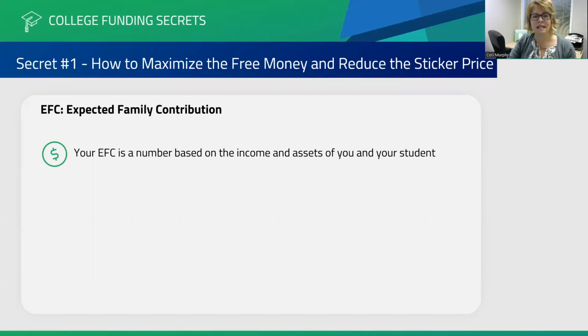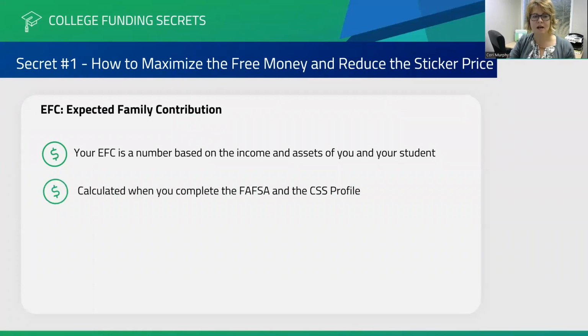Your EFC is a number that's based on the income and the assets of you and your student. It is calculated when you complete the FAFSA form and the CSS form. So you're actually going to get 2 EFCs, and they're going to be 2 different EFCs. The CSS profile EFC is typically higher because it's asking for more information that goes into that calculation.